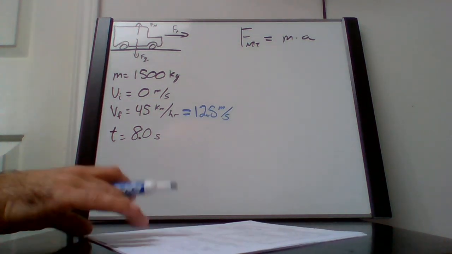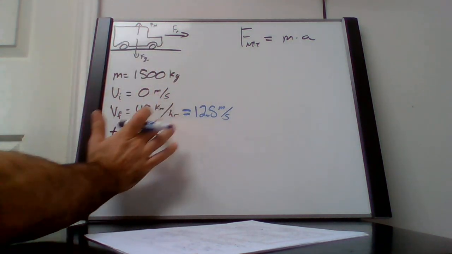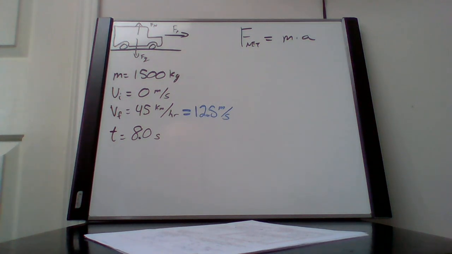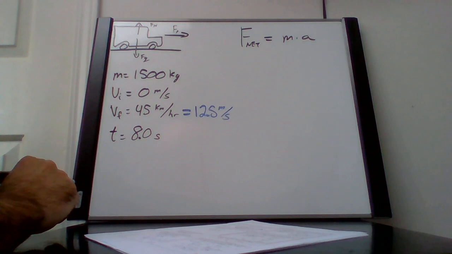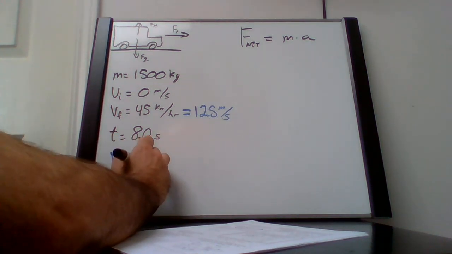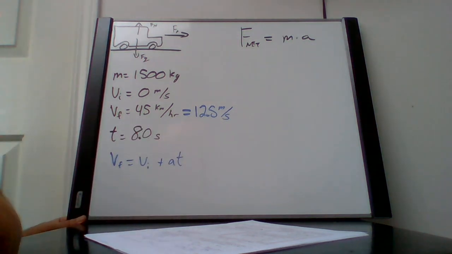Okay, now I have my mass, I have my final velocity, I have my time, but I still don't quite have my acceleration. So we need to reevaluate our formulas here, and pay attention to that last unit that we dealt with, where we could say V final equals V initial plus AT.